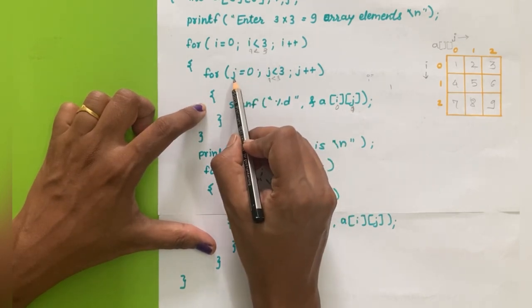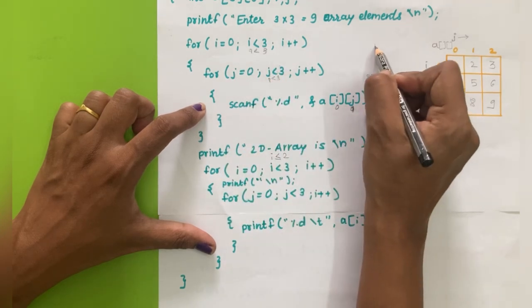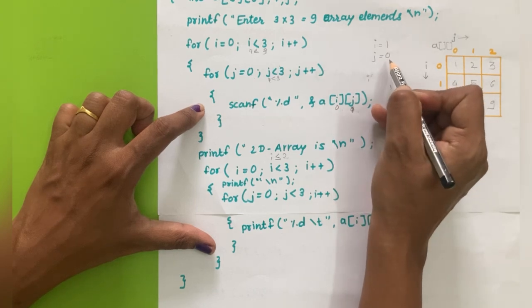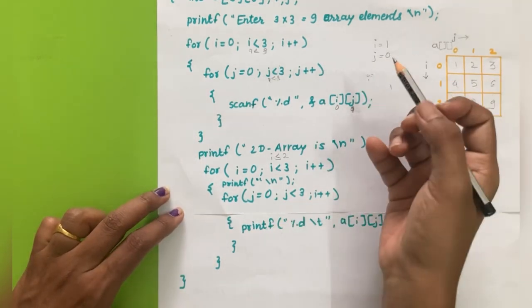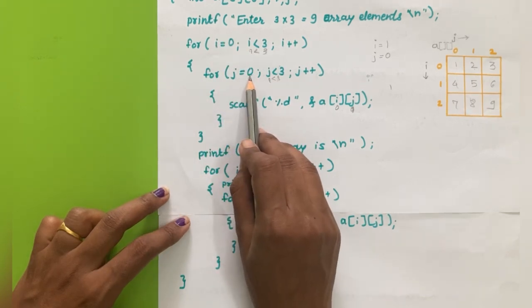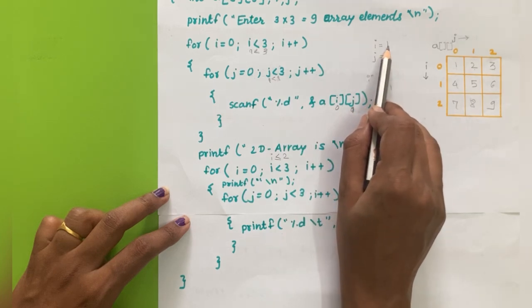Now j will be initialized to 0 again, so the value of i is now 1 and j is 0. This is the second pass for the i index.